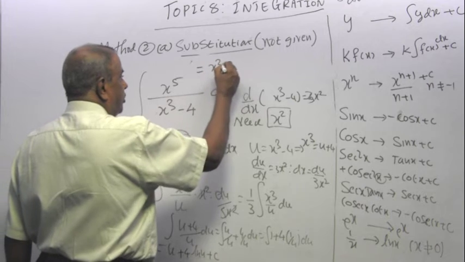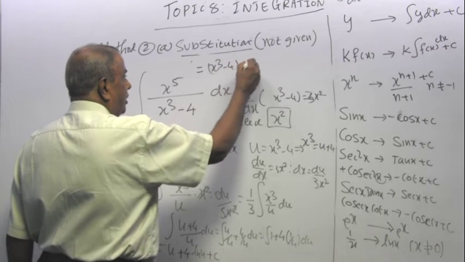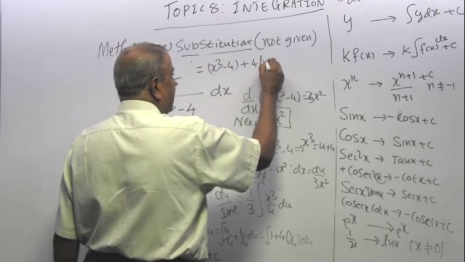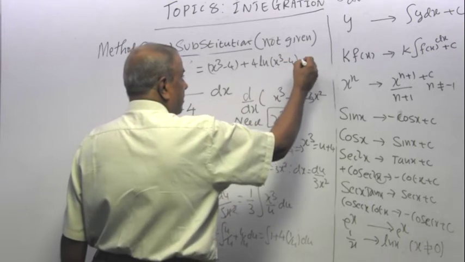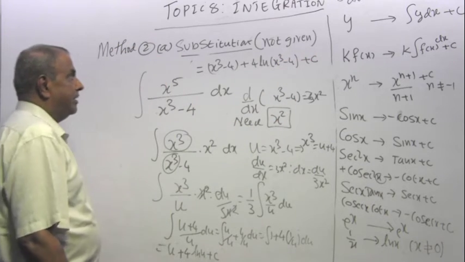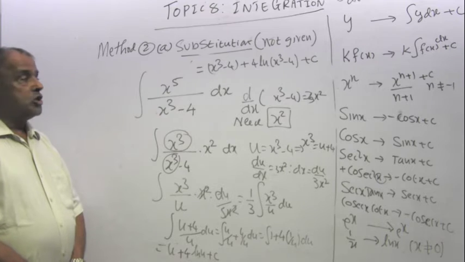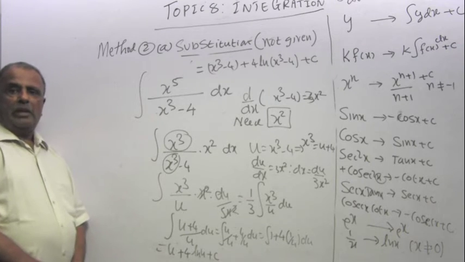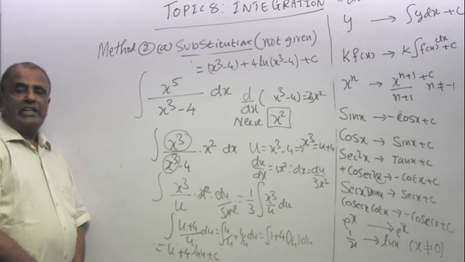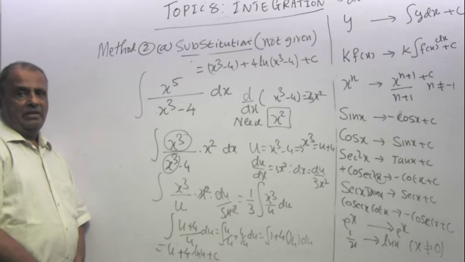So x cube minus 4 plus 4 ln x cube minus 4 plus c. In the exam, they will say, show that it is x cube plus 4 ln x cube minus 4 plus c, or x cube plus ln x cube minus 4 power 4 plus c.